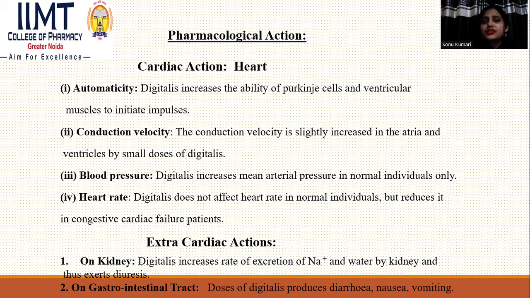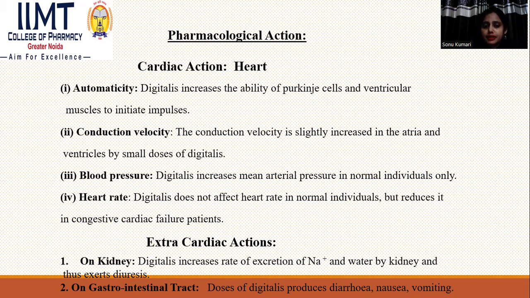Now, the pharmacological actions of the cardioglycoside, that are cardiac action on the heart. First is automaticity. Digitalis increases the ability of Purkinje cells and the ventricular muscles to initiate the impulse. Second is conduction velocity. The conduction velocity is slightly increased in the atria and ventricles by small doses of digitalis.